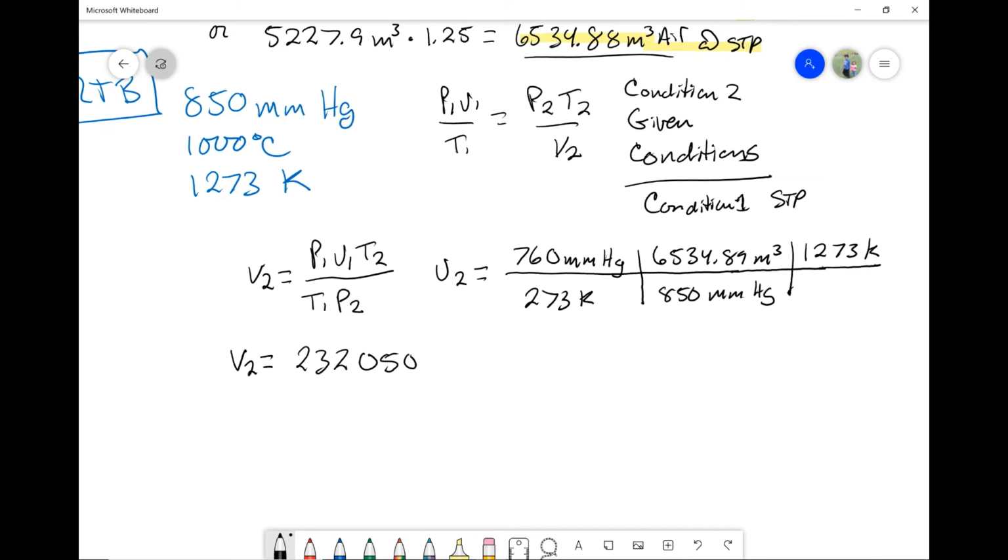That's a lot of air. And it's actually per hour, if you think about it. So 232050 cubic meters of air. And let me punch this number again, just to see. 232050.